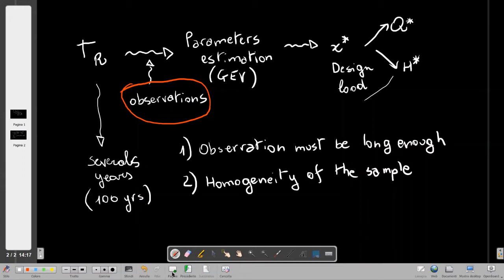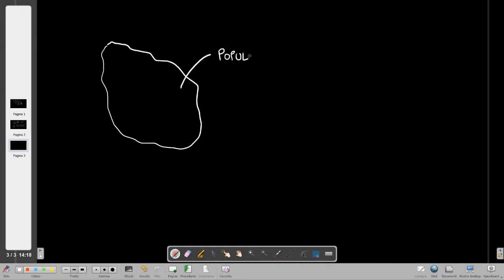Indeed, in general, in the approach that we are using, if this is the set representing the population of the stochastic variable, we said that our sample is a subset of this population. So this is the sample.